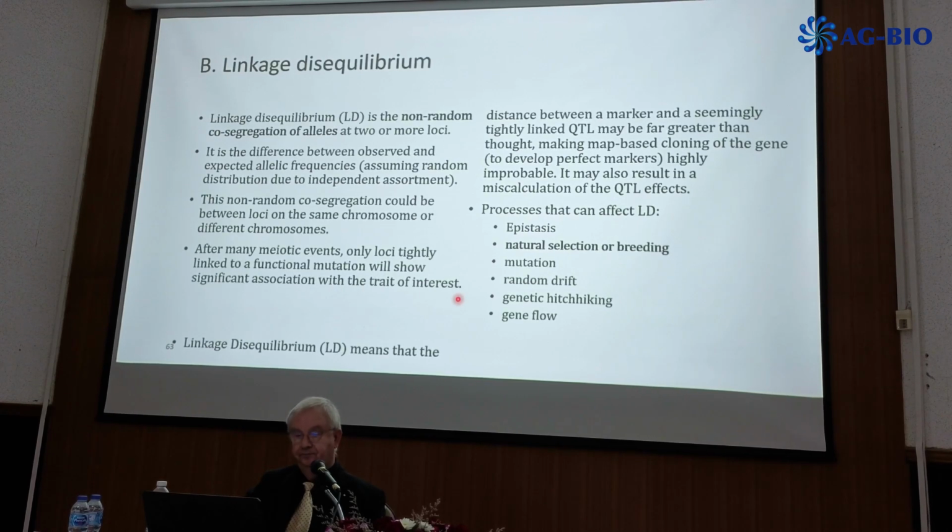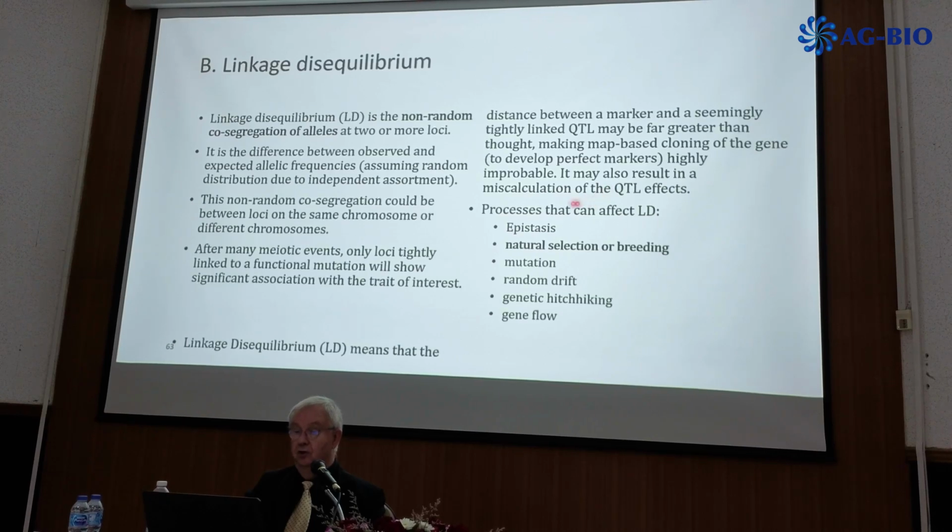In other words, linkage will give you information about the meiotic history, the generation history of your material. Linkage also means that the distance between the marker and the seemingly tightly linked QTL may be far greater than thought, making map-based cloning of the gene to develop the best markers highly improbable.